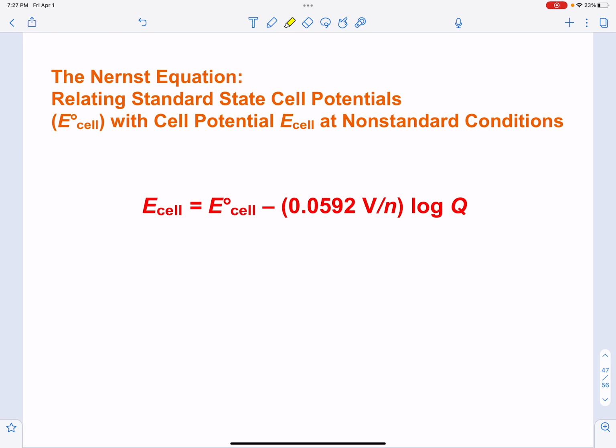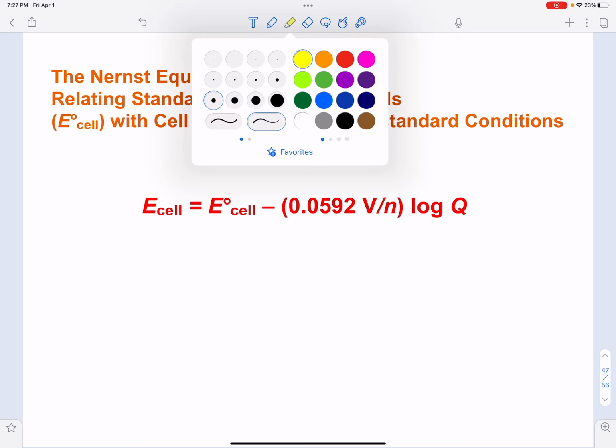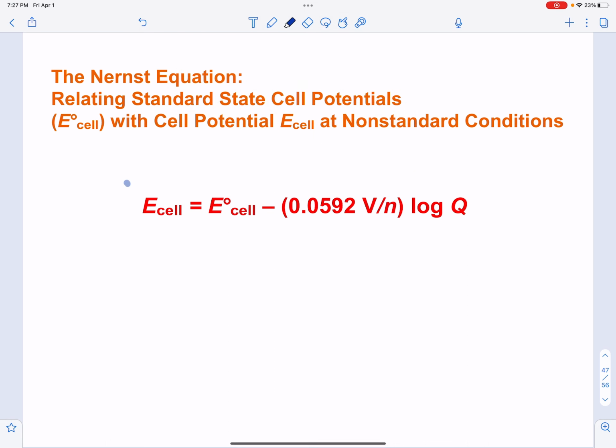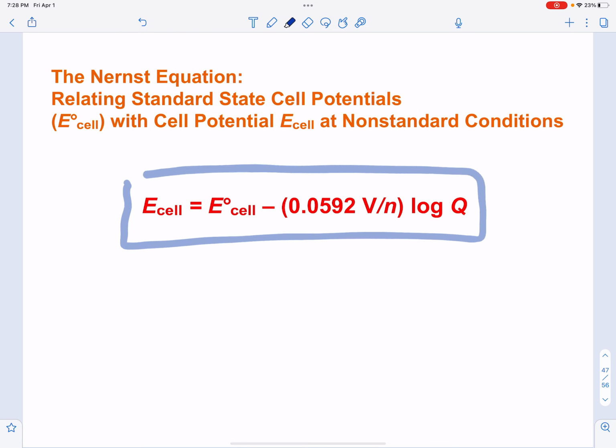So remember, come back and read this at your own leisure later. So here's the Nernst equation in the most practical way of using it. And this number here is just the temperature, the gas constant value, and all that combined into there, in addition to the factor that goes from natural logarithm to the log base 10.